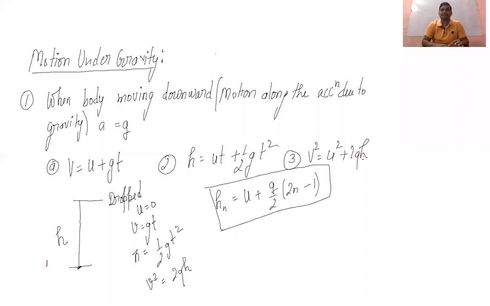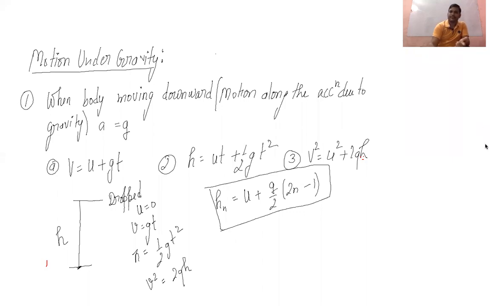If there is a constant velocity, you can't use these equations. When there is a constant acceleration, then you can use all these formulas. If there is a variable acceleration, say the acceleration is going to increase or decrease, then you can't use these formulas. Got my point or not?